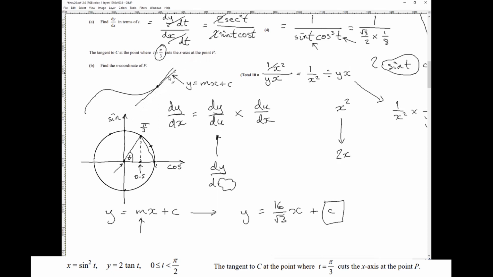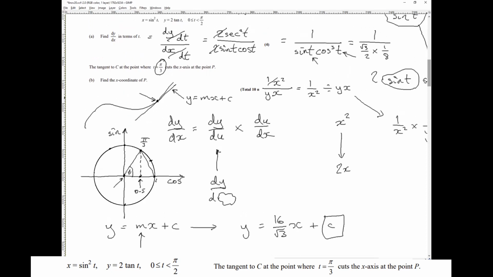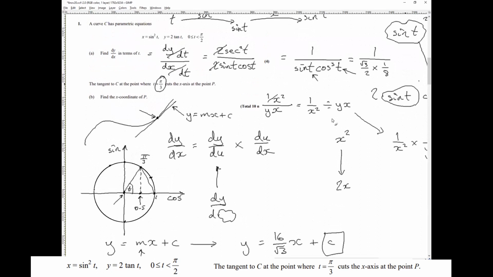Well, I think our only candidate is the point where it touches the curve. What are the two coordinates of that point? Is it 2 tan t? Yes, the y coordinate is 2 tan t.